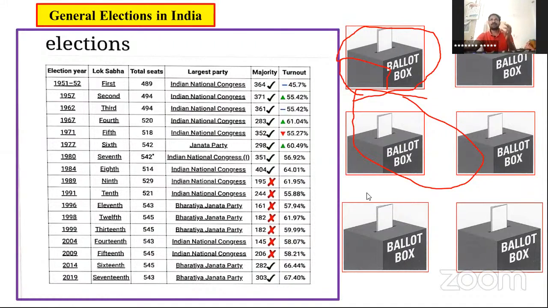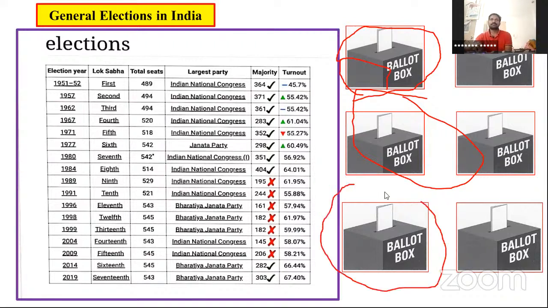Then the voter comes to the polling station and takes a ballot paper, and he goes to the secret voting compartment. Then he casts his vote for his candidate. Then in the proper manner, that ballot paper is folded and put into the ballot box.